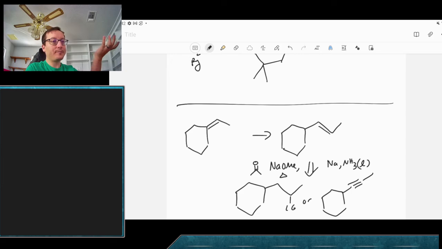And so we have to then choose which of these pathways is more likely to get us where we need to go. Well, in consideration that we have an extra carbon in our molecule, we can do that using acetylides, right? Acetylides are a way to add carbons to molecules.